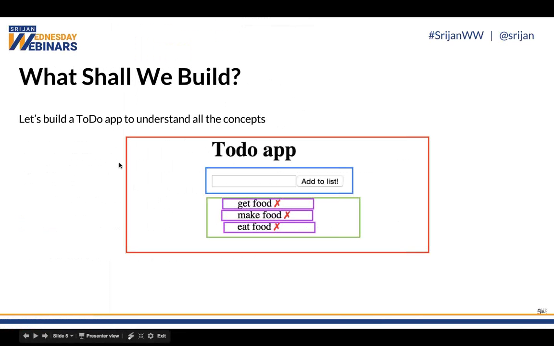The whole main application is the top level component, the red bordered one, which is ToDoApp, and it will have a ToDoForm component, which is this blue bordered area, and a ToDoList component, which is this green bordered area. And this ToDoList will again have ToDo components, the components with purple border. So the whole page is divided into smaller parts.